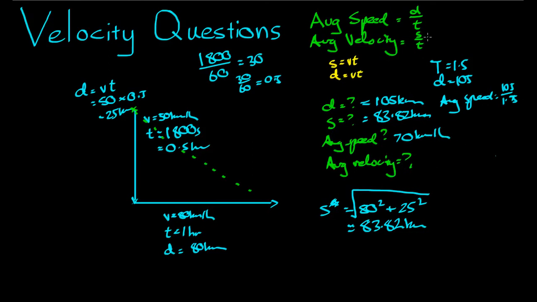The average velocity is given by the displacement over time. So that comes to now 83.82 kilometers divided by 1.5 hours, which is 55.88 kilometers per hour in that direction there, which I should specify, but I think that's a pretty good time to end the lesson.